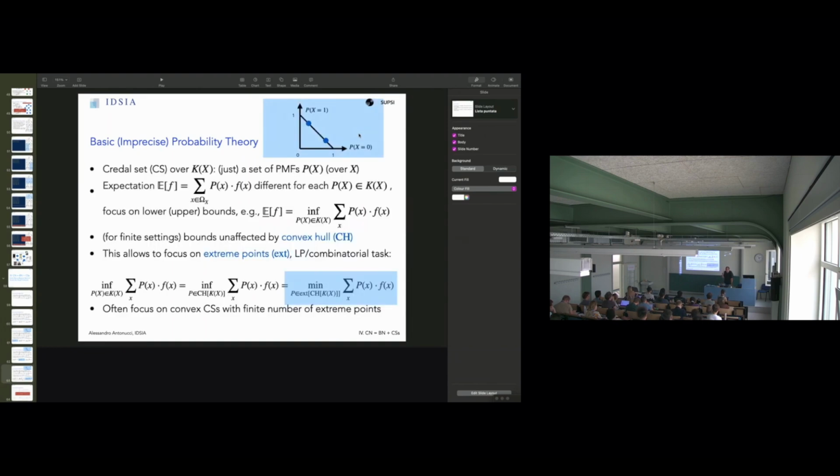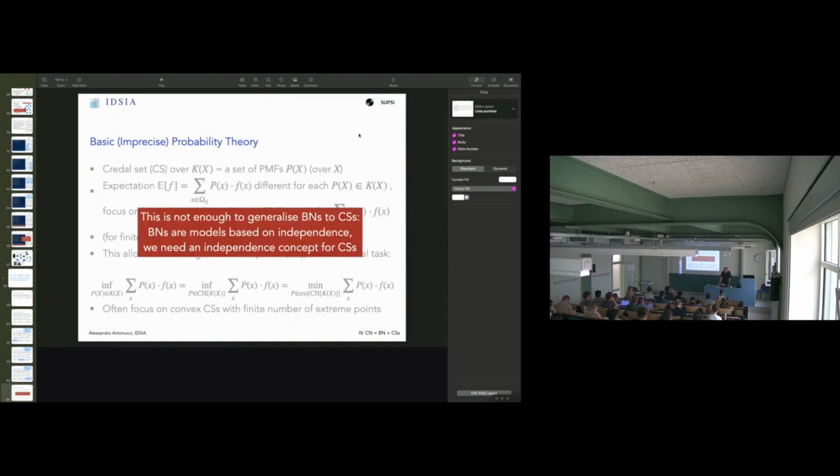One more step, 5 minutes. I will not finish, but we'll finish with the definition of credal network after the break. I need one more concept, because credal networks want to extend the Bayesian networks, and Bayesian networks are based on the notion of independence. We need a notion of independence for credal sets.